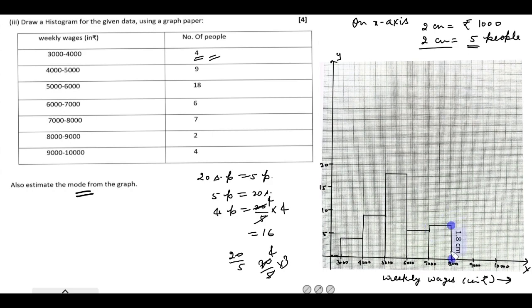Then 2. For 2 you have to take 8 parts. Then 4. 4 means 16 parts.